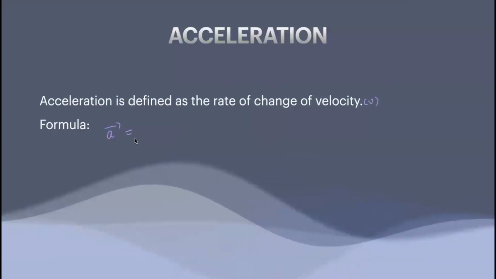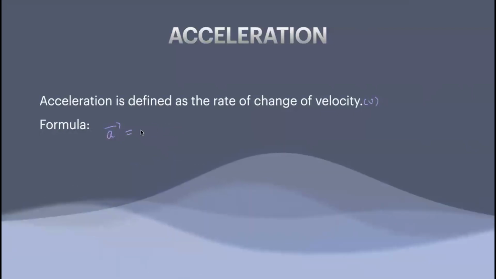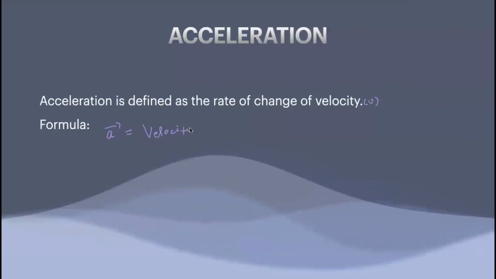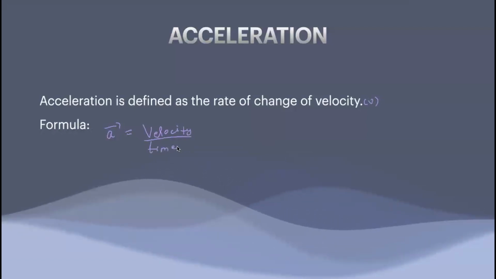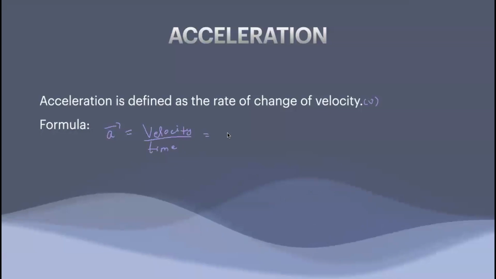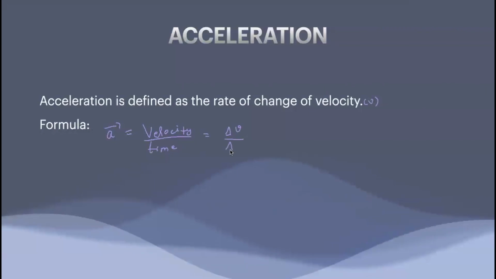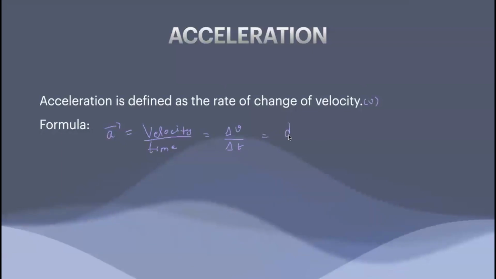So acceleration you can write as change in velocity by time, where the change in velocity is delta v and the time is delta t. Now, if the time interval measured is very small, you can write this in differential form as dv by dt.